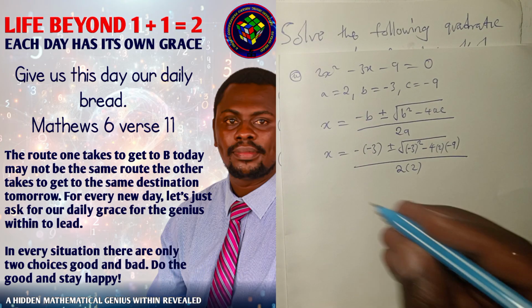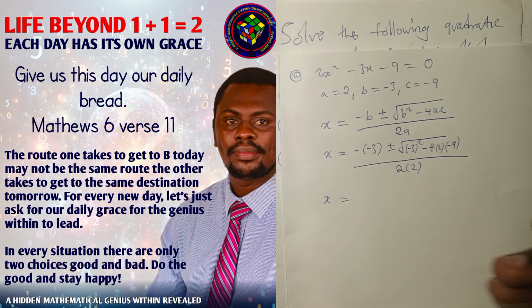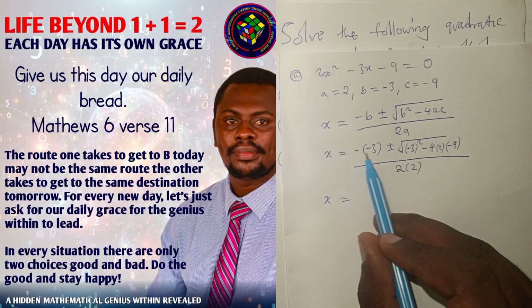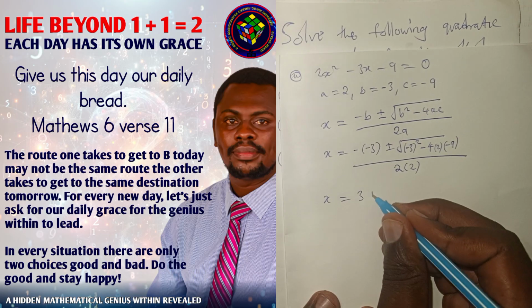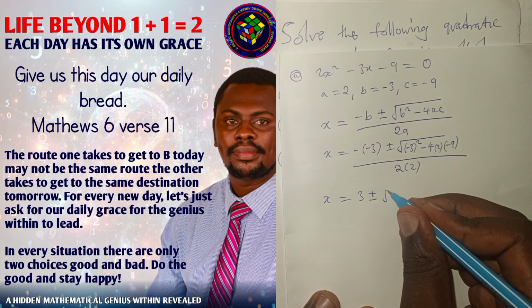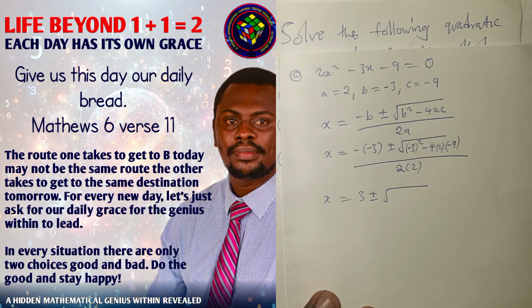Okay, then you say x is equal to, here we have a minus and the minus in the brackets, so negative multiplied by negative is positive. So you get 3 plus or minus the square root of negative 3 squared, that is negative 3 multiplied by negative 3, you get 9.